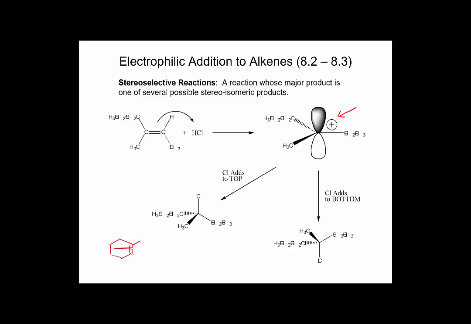our double bond and add HCl to that. So basically what we said was, if I add the H from above the ring, then that's my carbocation intermediate. And it wouldn't matter here if I added the H above or below the ring.